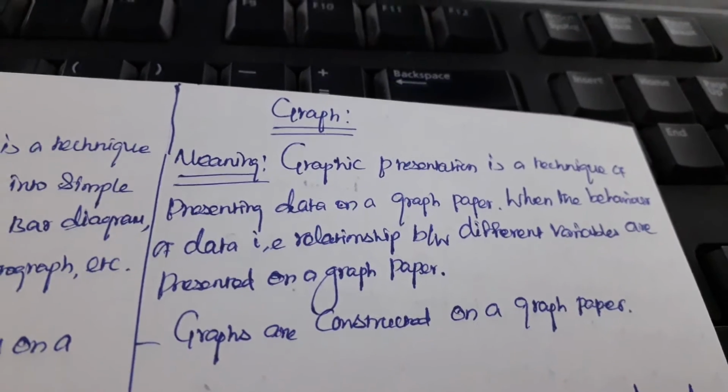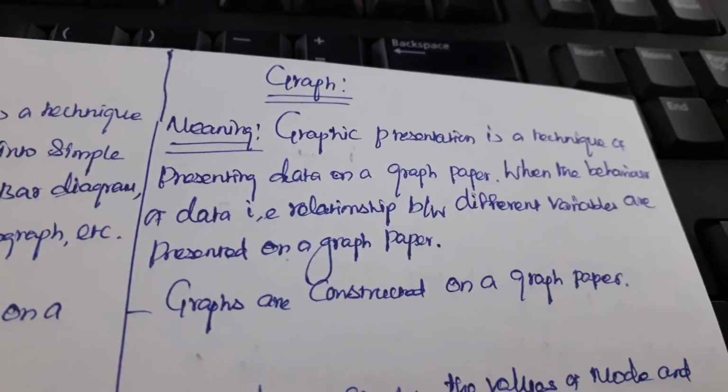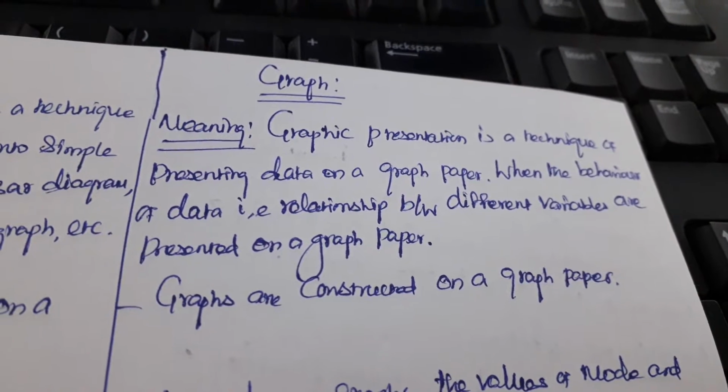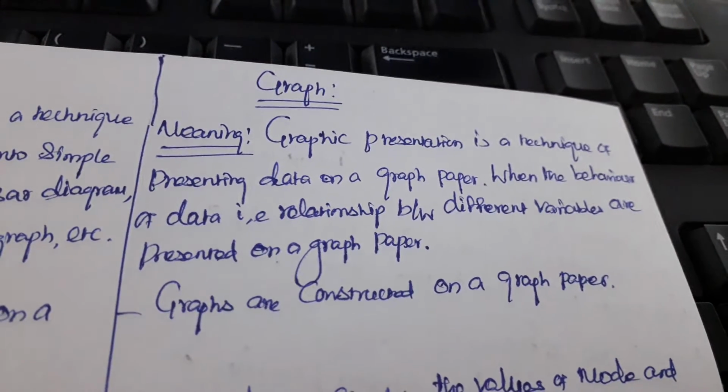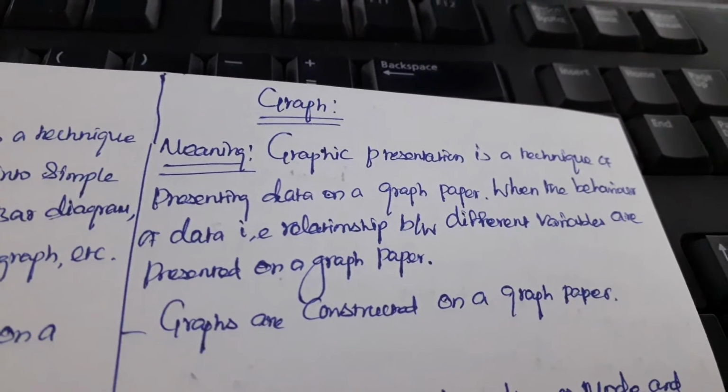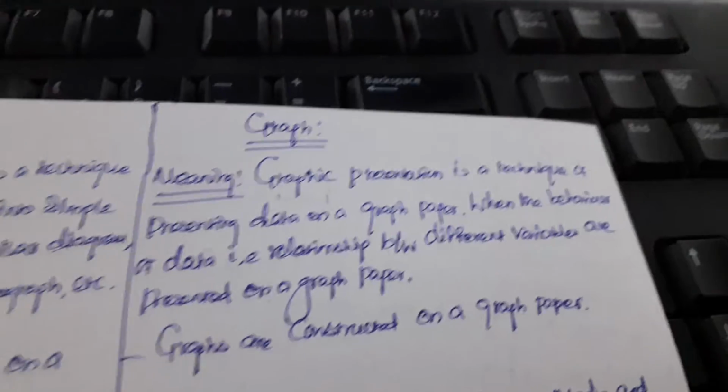graphic presentation is a technique of presenting data on a graph paper. When the behavior of data, that is the relationship between different variables, are presented on a graph paper.